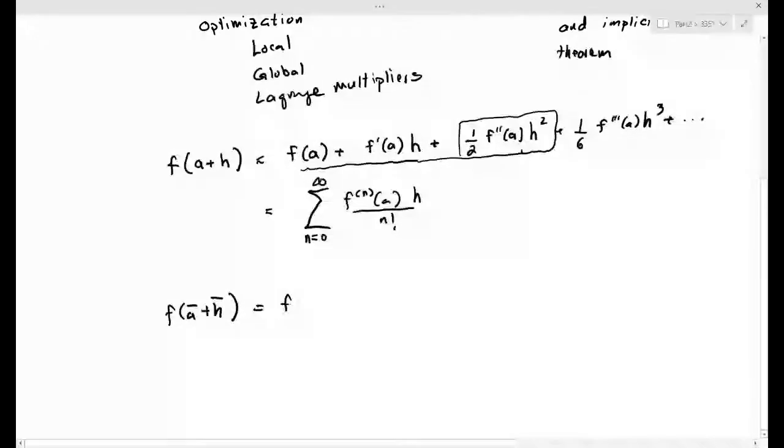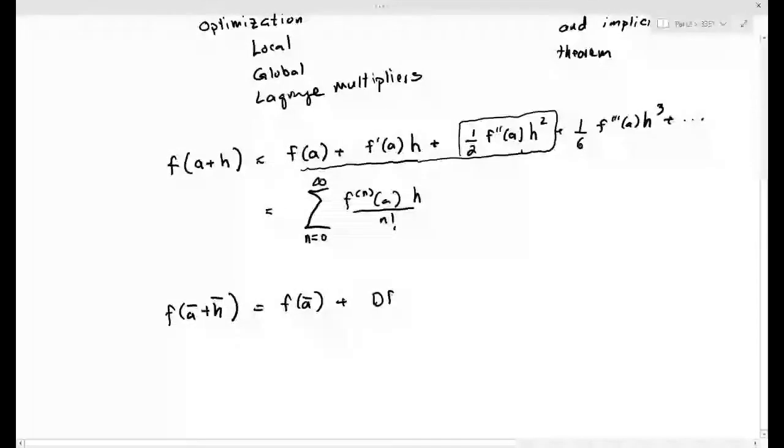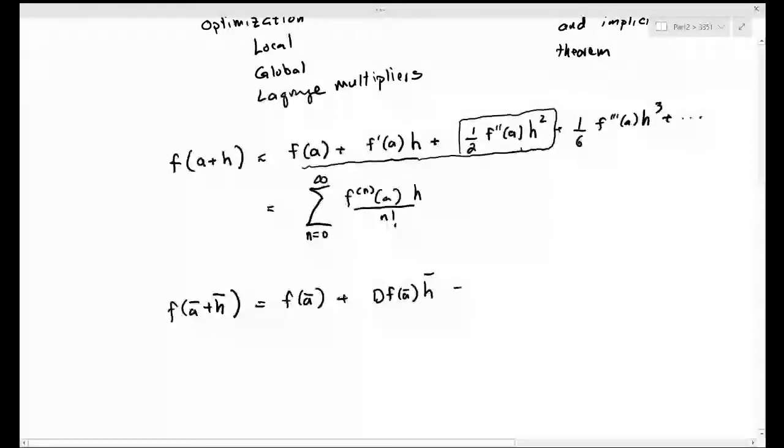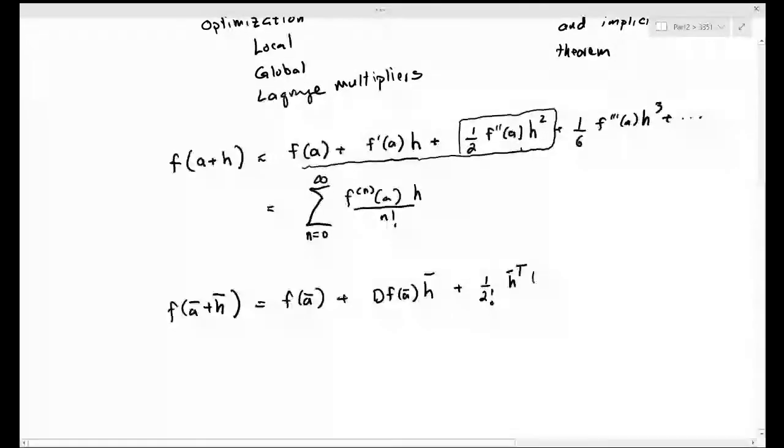Okay. So for a function of many variables, you would still have the function at a and the derivative of the function at a times h, so that's the linear approximation. And then you would have a quadratic form, h transpose times the second derivative matrix, which we're going to call a Hessian.